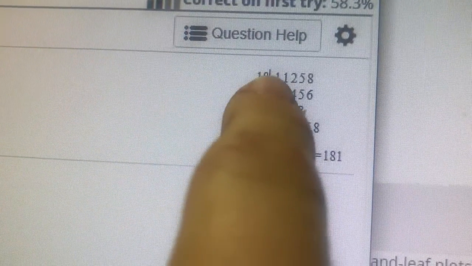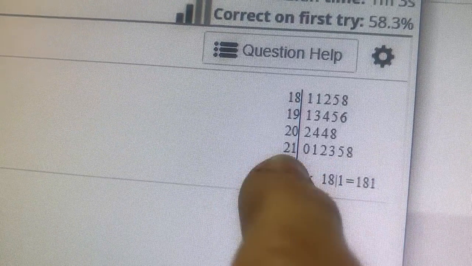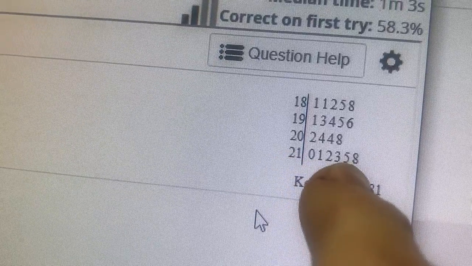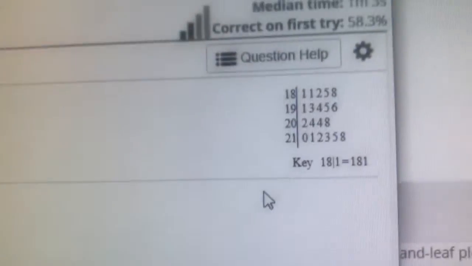So you can see here, this is 181, 181, 182, 185, 188, and it just keeps going on. The highest number is 210, 218, 210, 211, 212, 213, 215, 218. Okay, this is a stem and leaf plot.